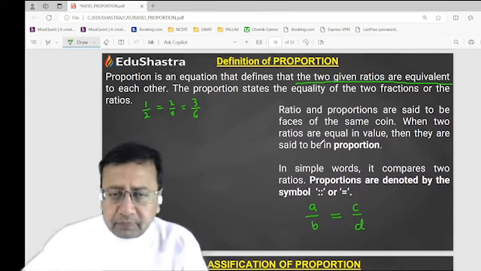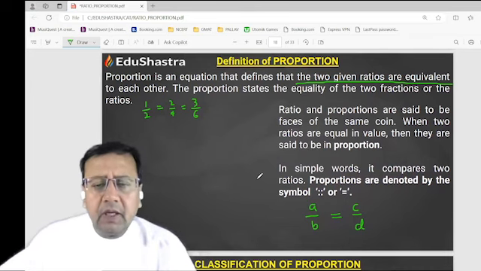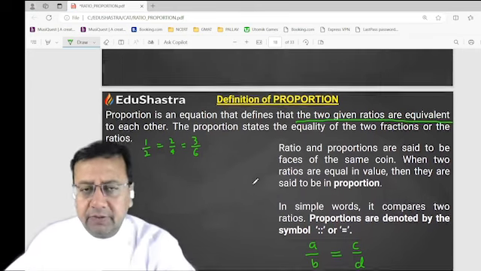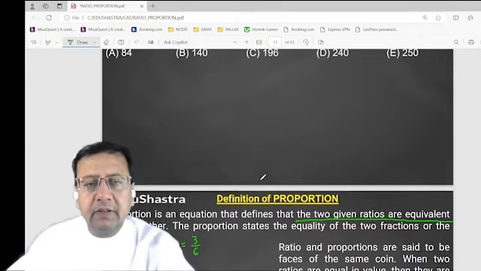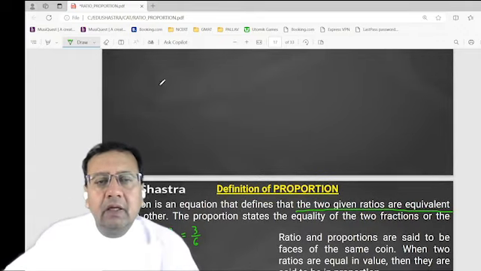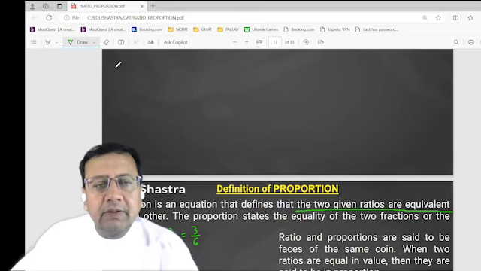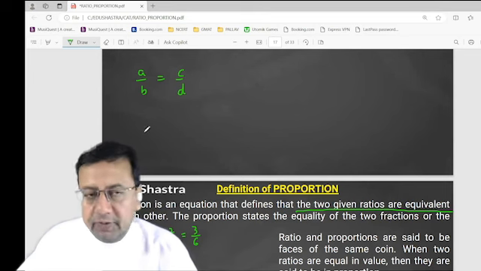Now, if we take some ratios, just take this example. Say ratios are taken as A by B and C by D, and I say these two are in proportion.